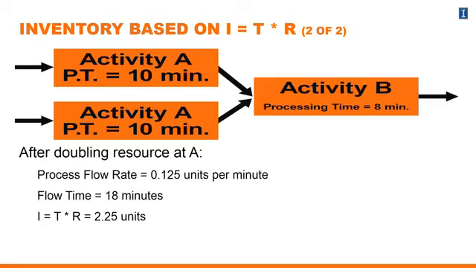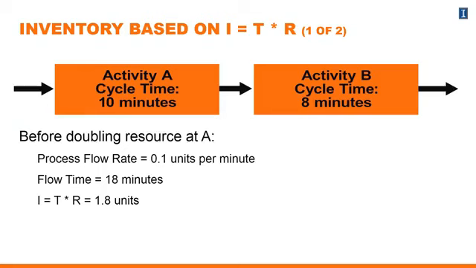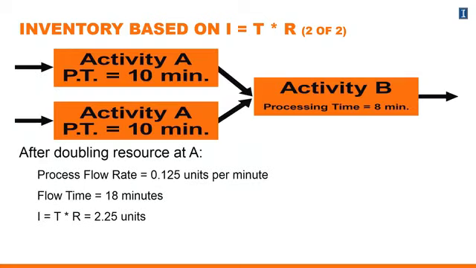Inventory went from, I'll go back to the previous slide for a minute, it's 1.8 units is what we had earlier when we had not added another resource at A. Coming back to when you added the resource at A, what you notice is that the inventory has actually gone up. It has gone up because you added more capacity into the process, into the system, and that has had the effect of adding more inventory into the system.